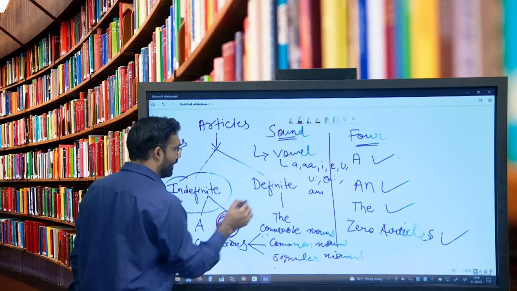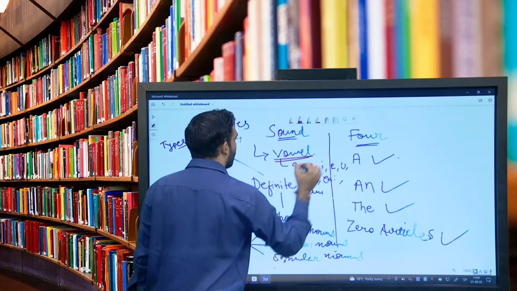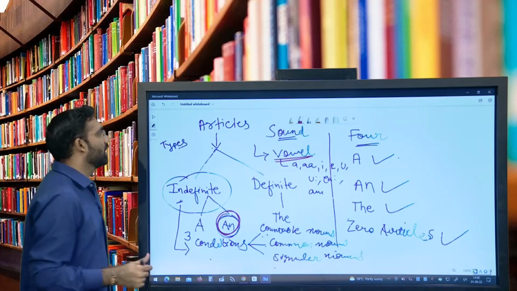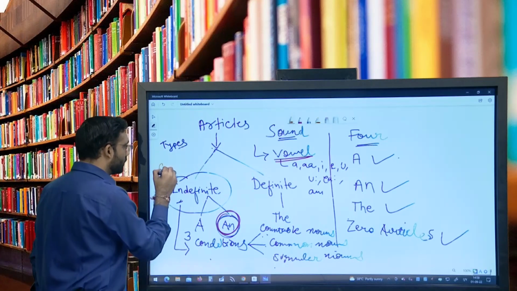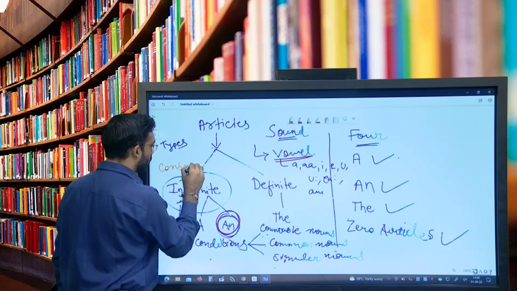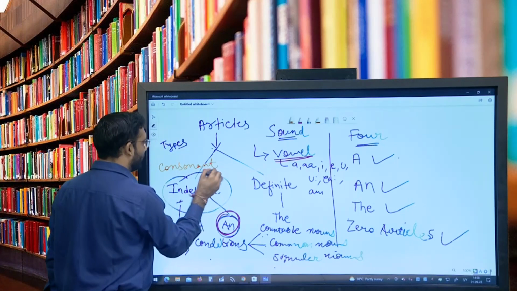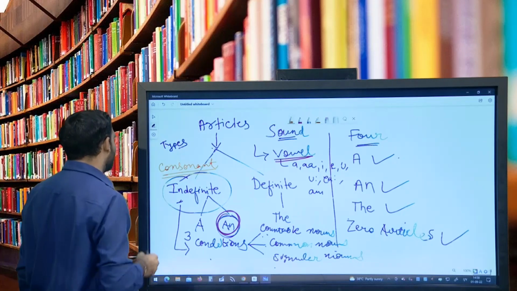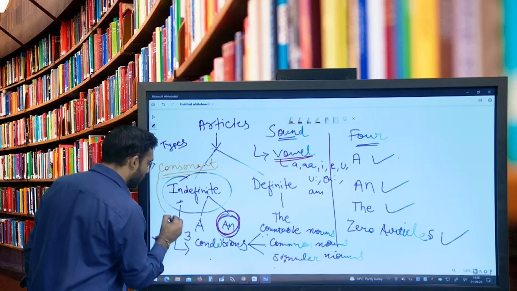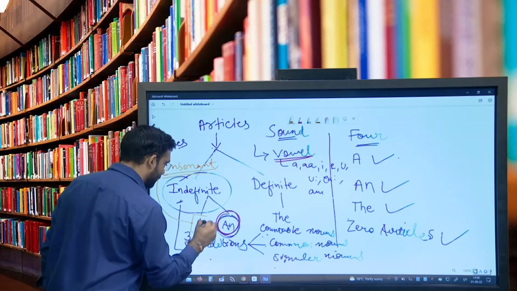You would be using an if it is a vowel sound. And if it is a consonant sound, if your word starts with a consonant sound, you would be using article a.